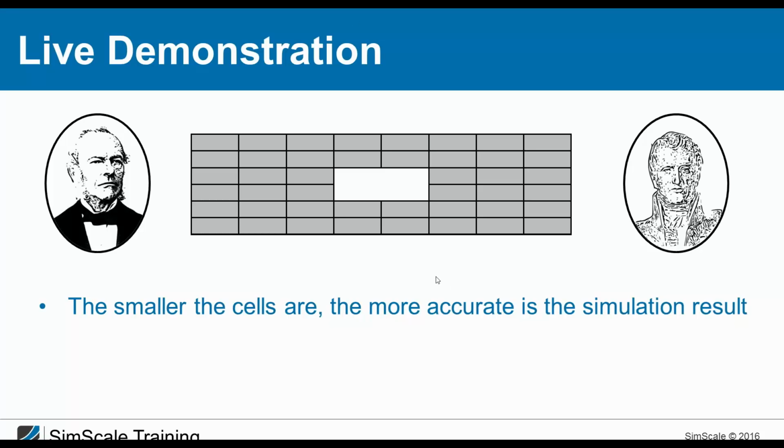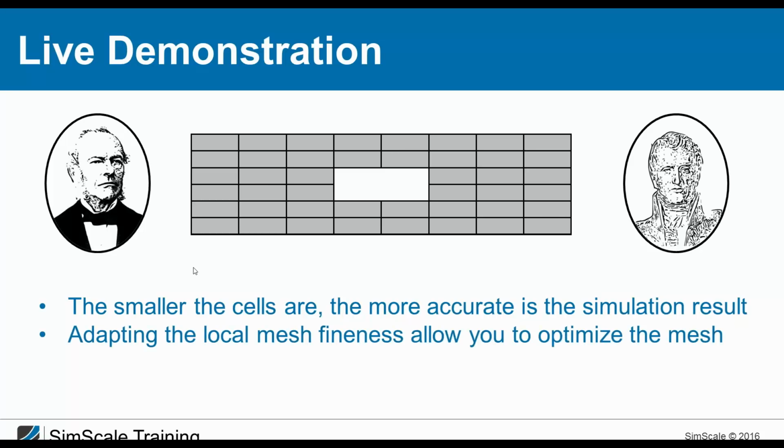And for sure, the smaller the cells are, the more accurate your simulation result is. By adapting the local mesh refinement, you can optimize the mesh and therefore your simulation results.